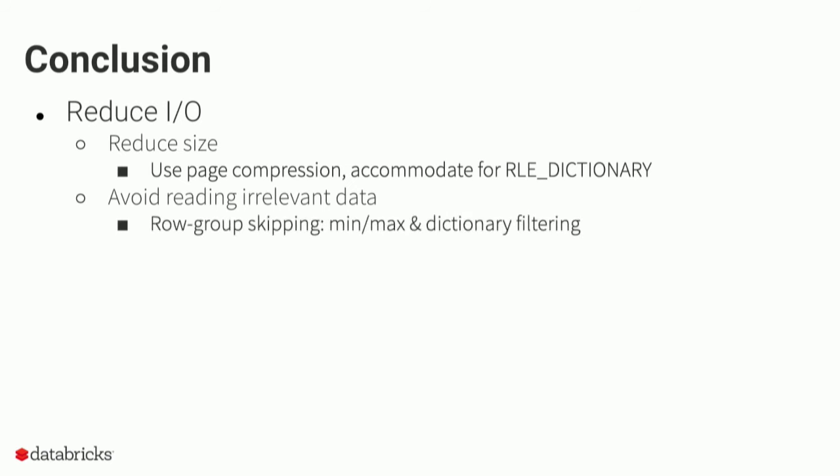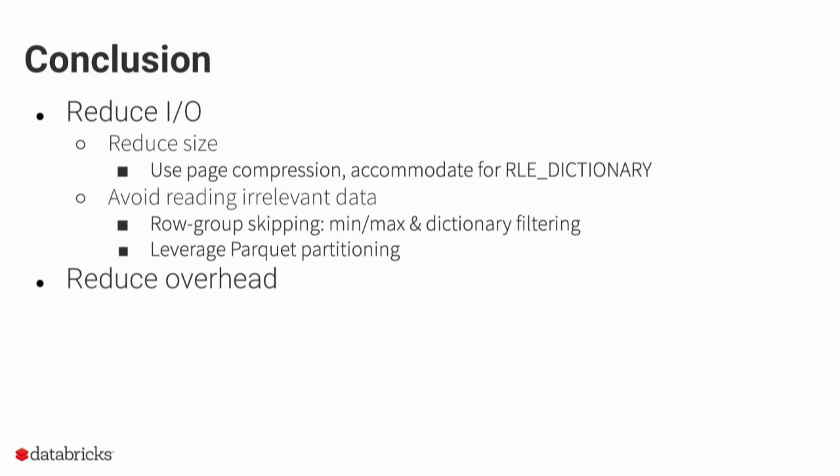So we can do row group skipping based on the min-max values at the row group level by reading the footer. And we can do dictionary filtering by evaluating the predicate on your dictionary instead of the whole row group. And we can leverage Parquet partitioning, so embedding the column values in your subdirectory structure.